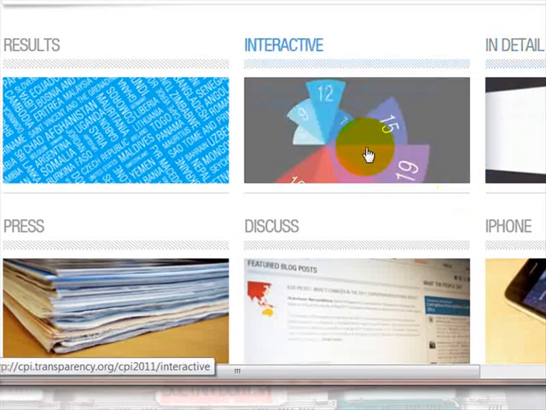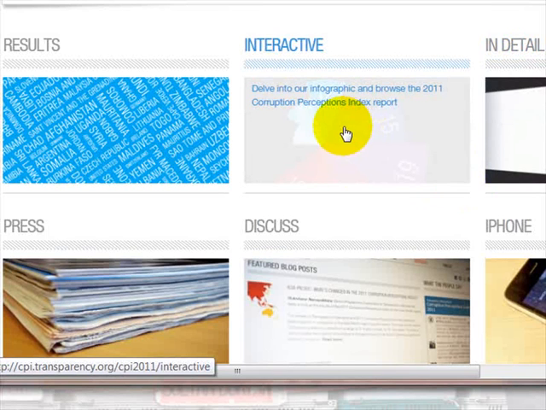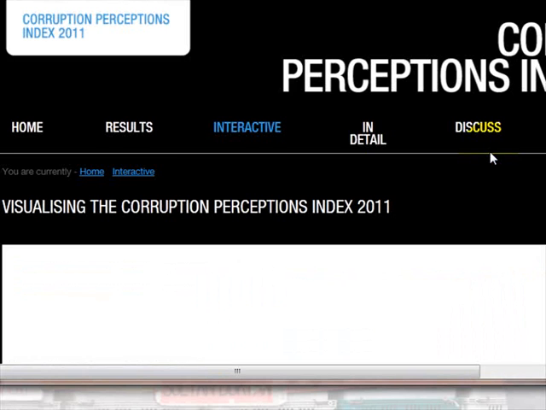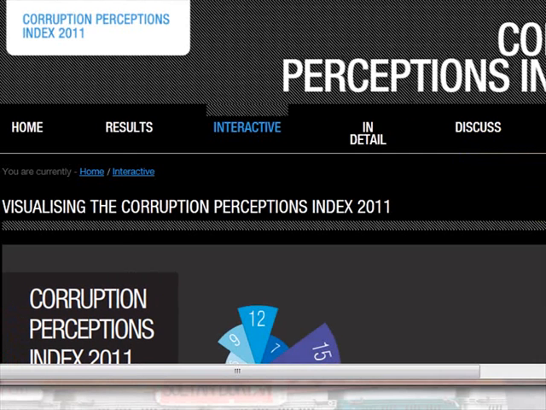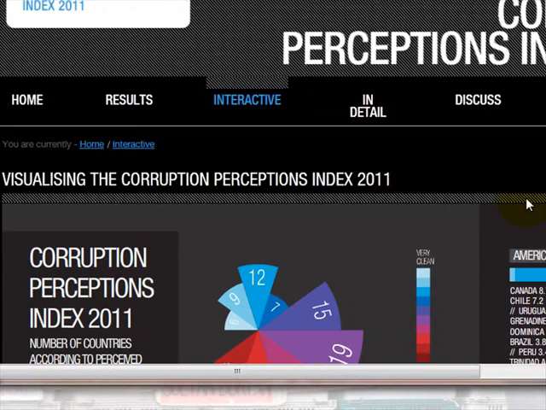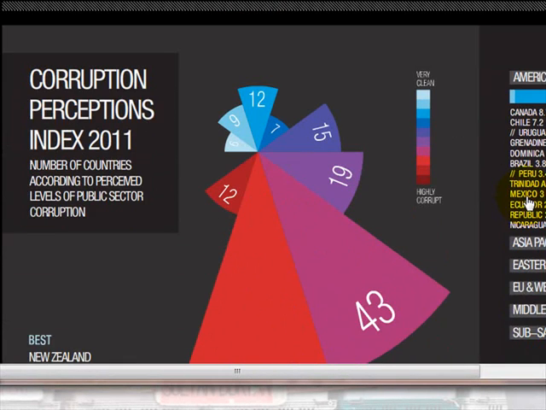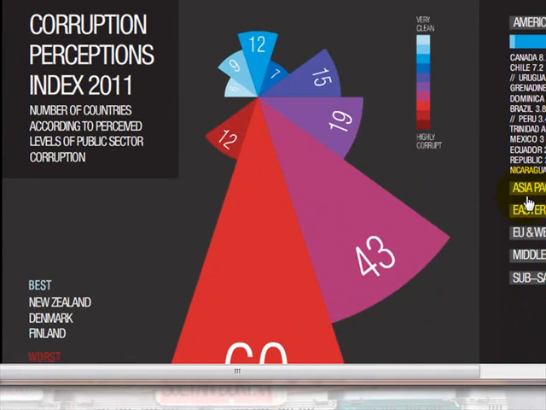International's interactive look at the 2011 Corruptions Perception Index. What Transparency International does is it measures the perceptions among people in various countries about the status of corruption in their respective countries.